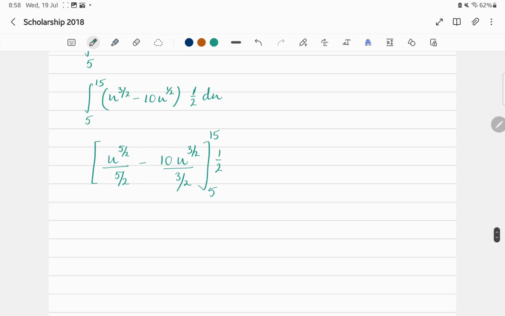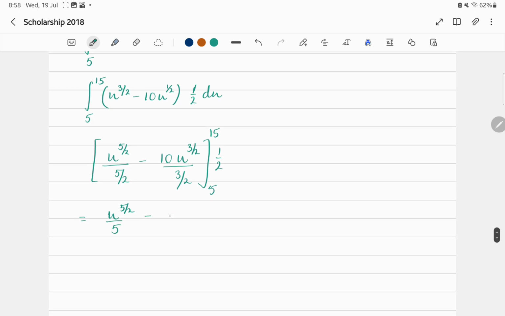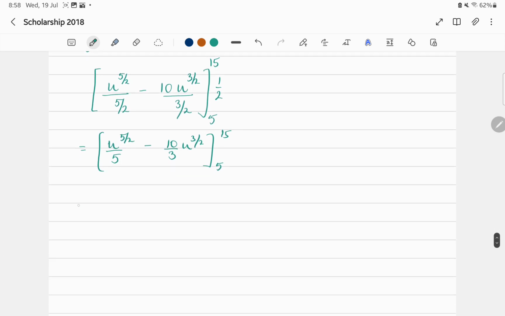Let's get that half in there so we can simplify a little more. It's going to give us u to the 5 over 2, and if you multiply by half, it just leaves us 5 in the denominator, minus 10 over 3 u to the 3 over 2, from 5 to 15. You can substitute the values in now.